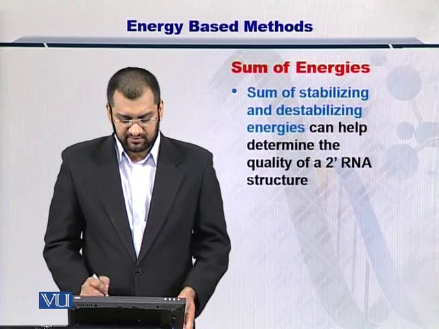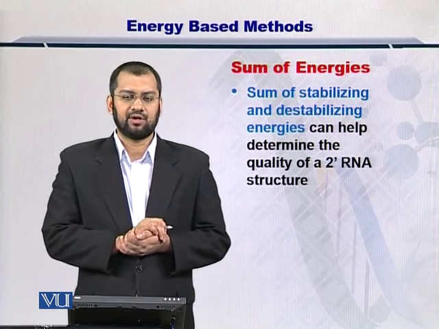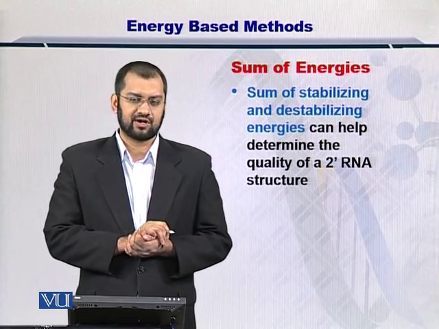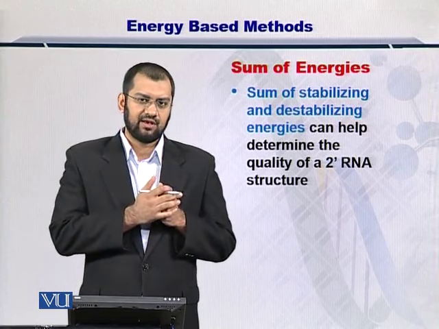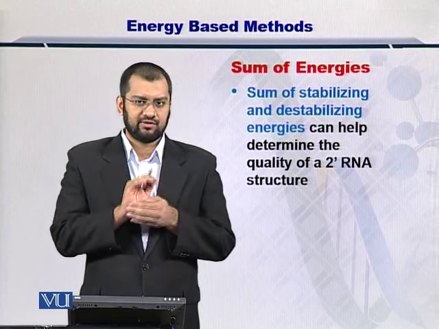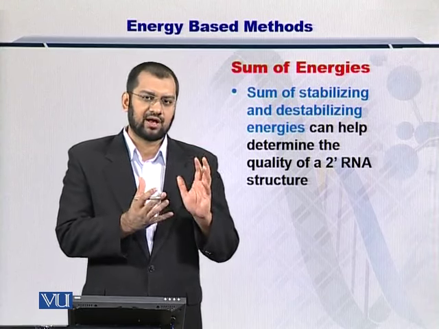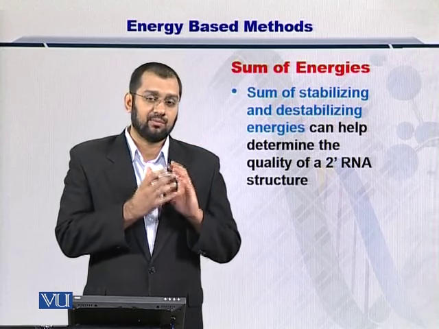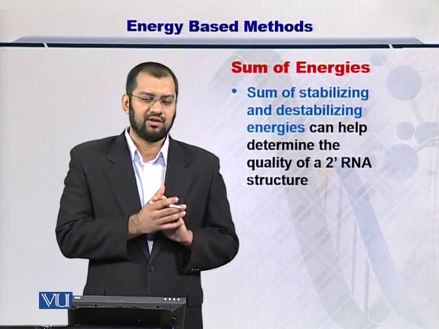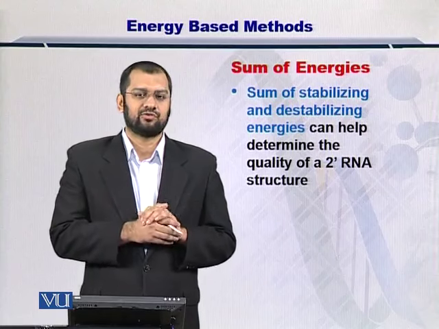So the sum of energies can actually help you determine the stability of the secondary structure. So stability is a negative value, instability is a positive value. If you sum them up, you should arrive at a negative value. The more negative the value is, the more stable your structure will be.